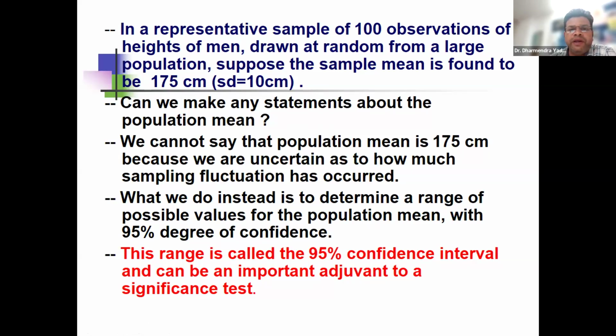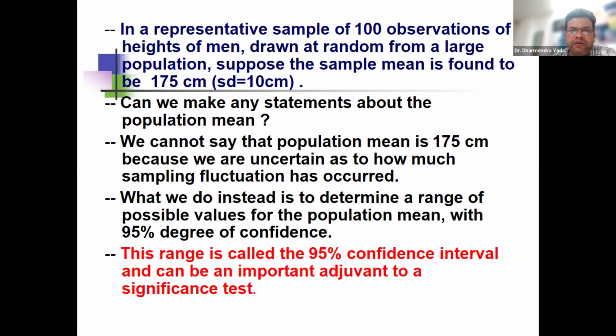Now, can we make any statement about the population mean? We have to find out this range: the sample mean is 175, so what will be the value of the population mean? Because we have to estimate it.